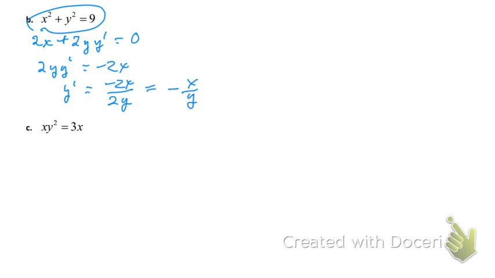I could have said y squared equals 9 minus x squared, right? And then take the square root of both sides, plus or minus, because I'm putting a square root in there, 9 minus x squared. I'm going to get two answers. One of them is going to be the top half of a circle, and the other one's going to be the bottom half of a circle.